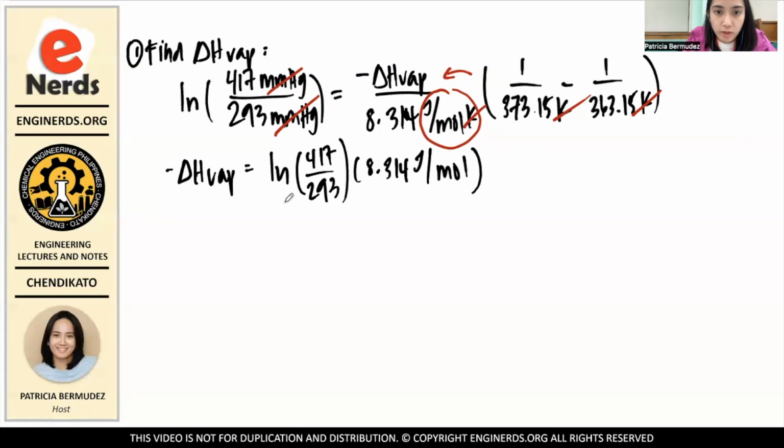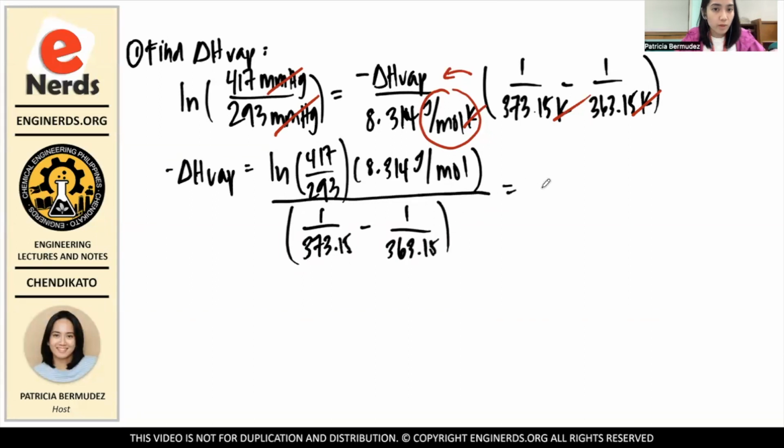And then in this one, magiging divide na kasi nakamultiply siya here. So, if you're gonna transpose it to the other side, it will be divide. So, it'll be divided by 1 over 373.15 minus, na-cancel na yung Kelvin, so hindi natin isusulat yan, 1 over 363.15.